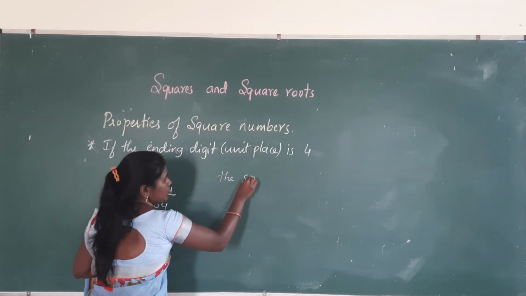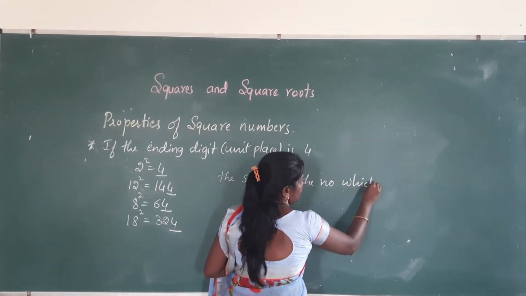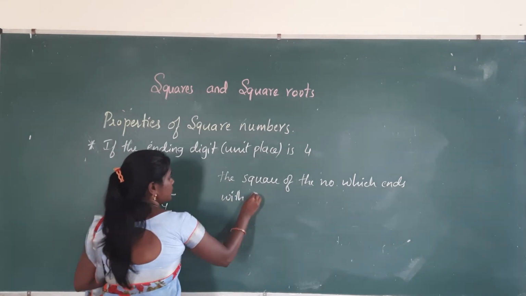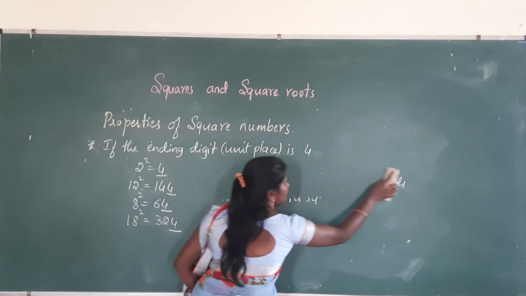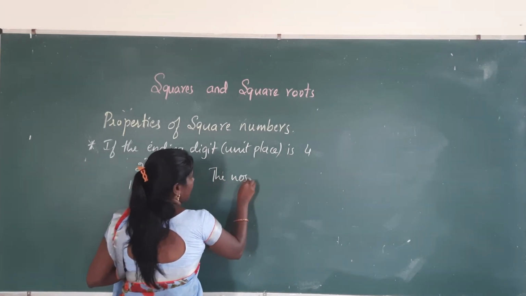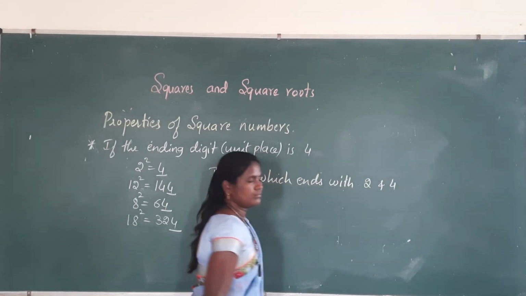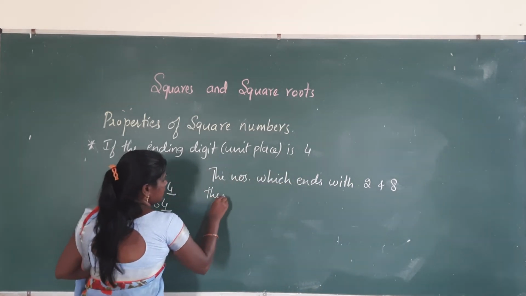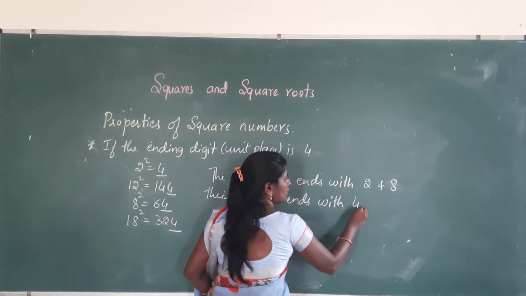The numbers which end with 2 and 8, their squares end with 4.